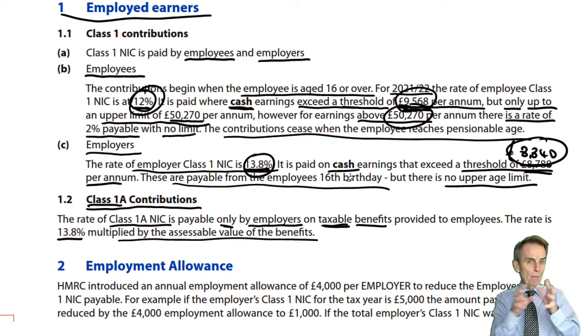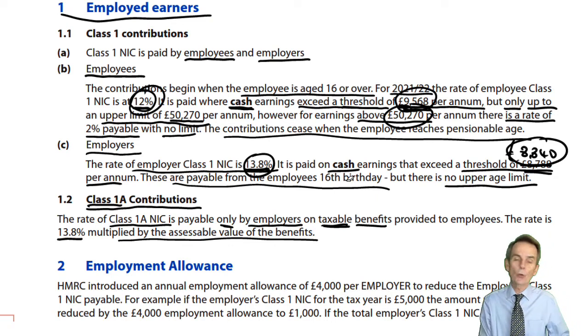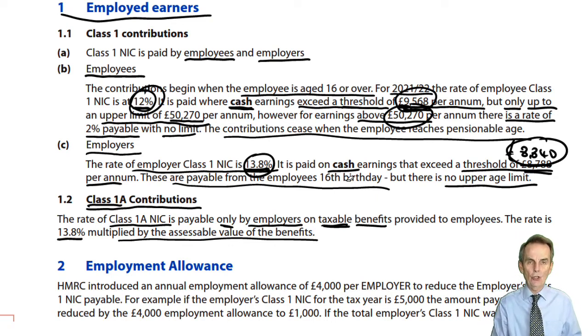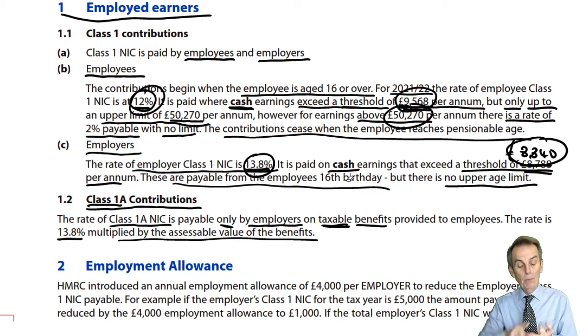Or in relation to an employment income package of the employee, do they ask for all of the NICs that would be payable in relation to that employment package? Which means, of course, we've now got not just the employee Class 1, not just the employer Class 1, but we've also got the employer Class 1A national insurance contributions as well on those taxable benefits.